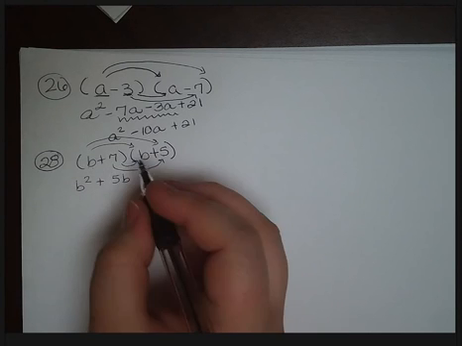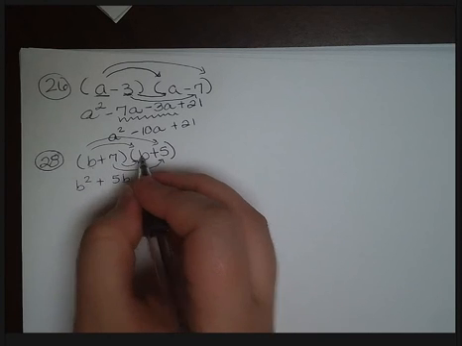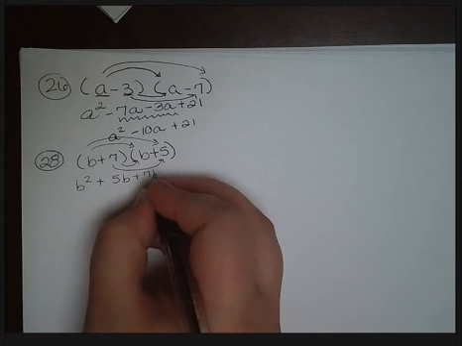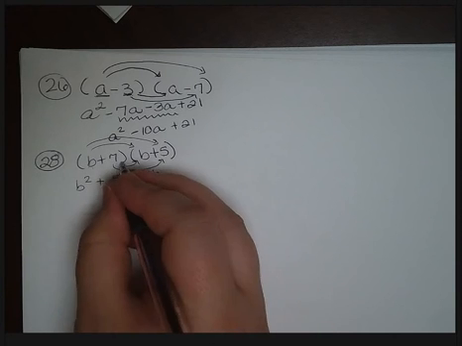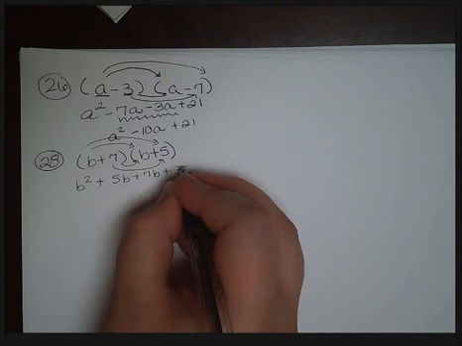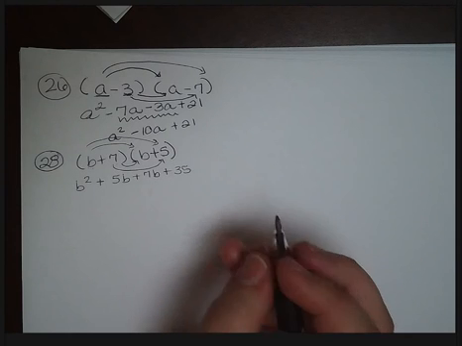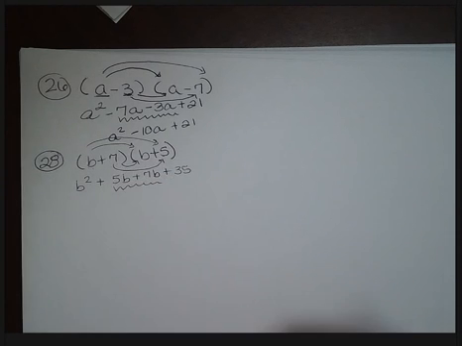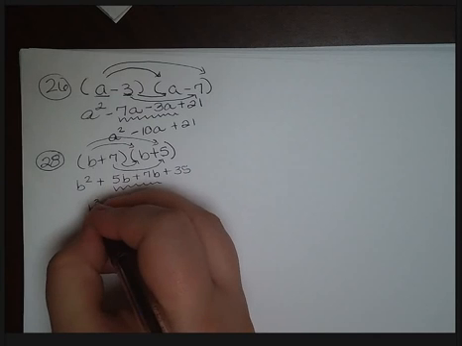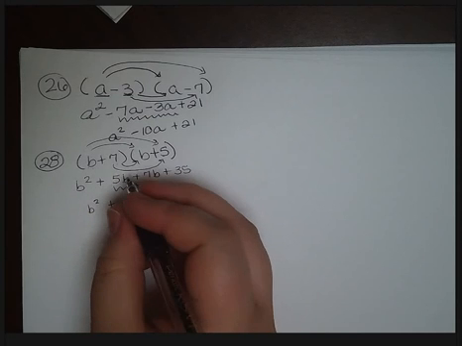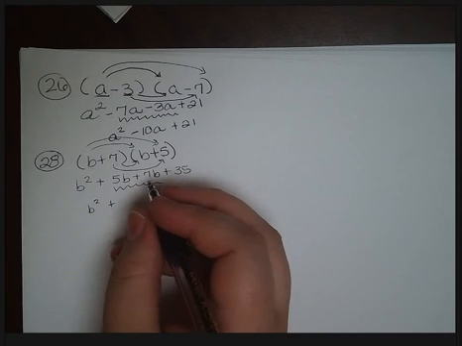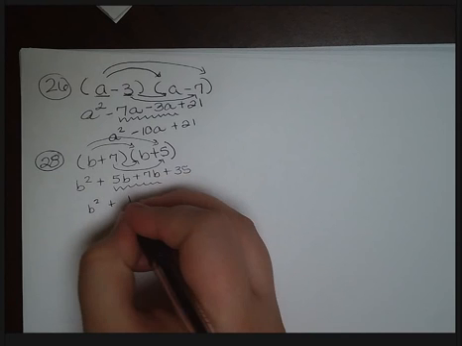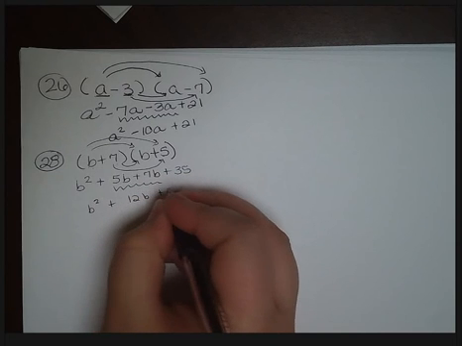And then 7 times b gives us 7b. 7 times 5 gives us 35. Now we combine our like terms in the middle and bring everything else down. So 5b plus 7b is going to give us 12b. And bring everything else down.